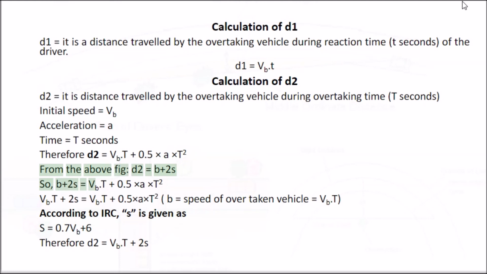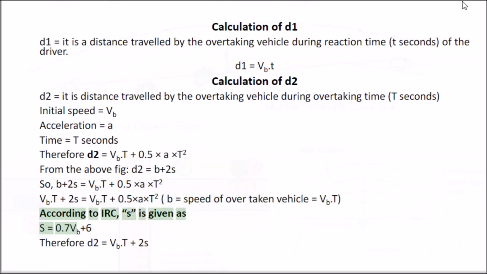From the above figure, D2 equals b plus 2s, so b plus 2s equals v T plus 0.5 times a times T squared, where b equals speed of overtaken vehicle equals v.